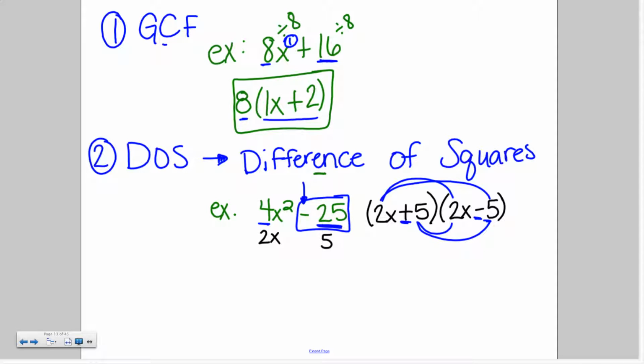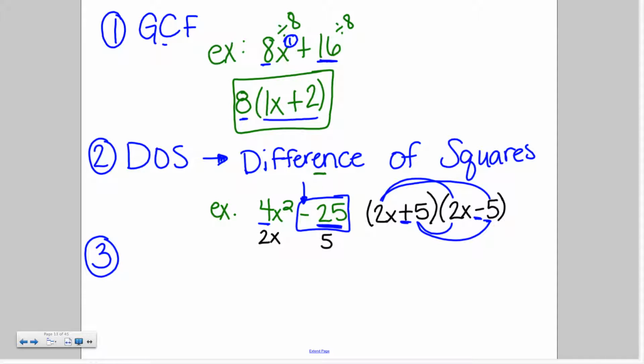Well, I know a positive and a negative is what it's going to give me, a negative number. If I multiply a positive and a positive, I get a positive. If I multiply a negative and a negative, I get a positive. So I know that's the only way to get that. All right?